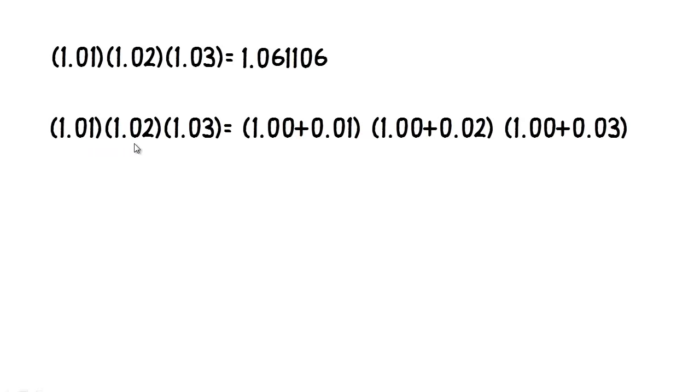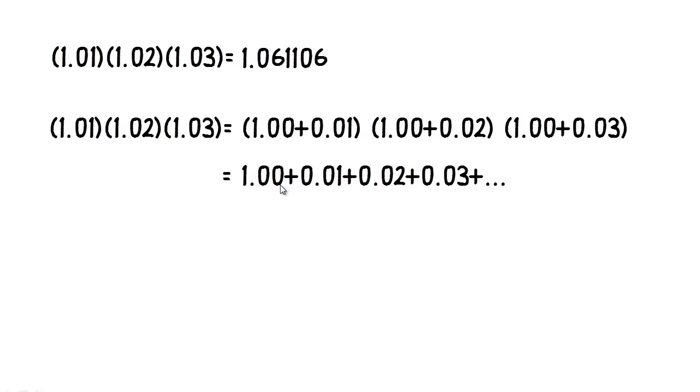Now, if I write 1.01 as 1.00 plus the tiny difference of 0.01, and I do the same for the other two numbers, then when I expand the brackets, I'm going to get a 1 from this times this times this.